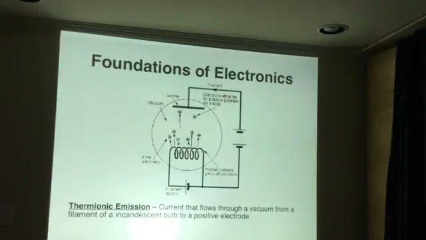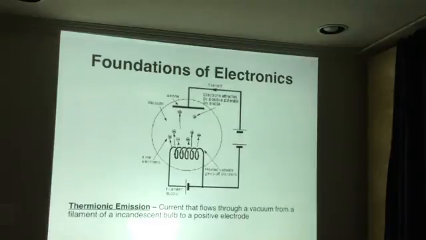Well, what he tried to do was to put in a positively charged electrode inside the bulb, and what was supposed to happen was that this positively charged electrode would attract these black particles, and it worked.